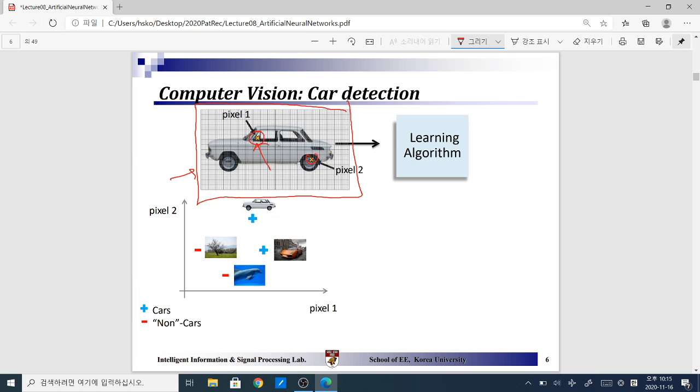So we could have, once again, many of these exemplars, and each of these examples will either contain a car or no car. So these examples are going to be injected into the learning algorithm. But here, once again, what we want to do is just look at two pixels, pixel 1 and pixel 2.